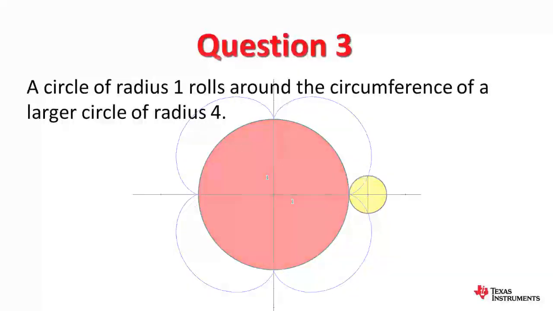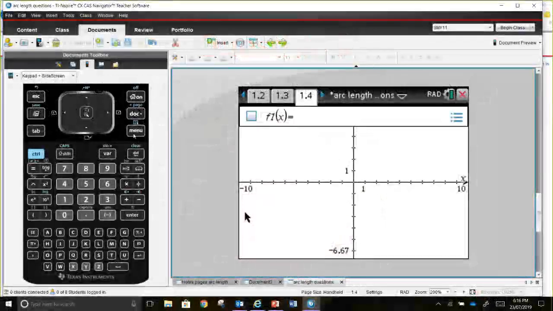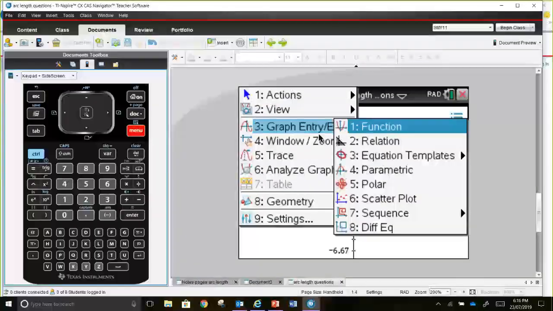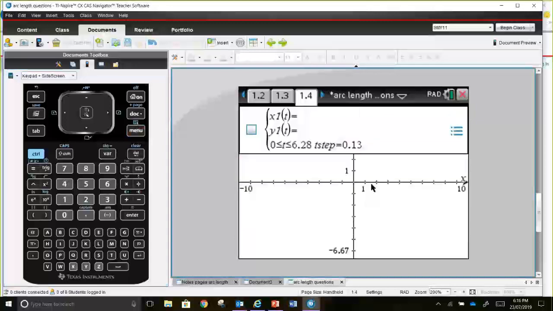If we get the calculator screen, the graph screen, we need to change the entry to parametric. Our equations are 5 cos t minus cos 5t. These are the x values. And y1(t) is 5 sine t minus sine 5t. And we keep the period because it's 2 pi.